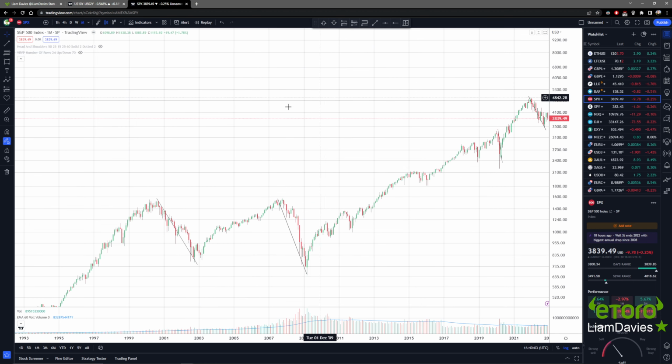We can see these events happen on the S&P 500 chart. This correlates with the dot-com bubble. This is subprime mortgage. This is COVID. This is the war in Ukraine. These things have a big effect on the markets, and traditional tech stocks in the S&P don't do particularly well, unfortunately.